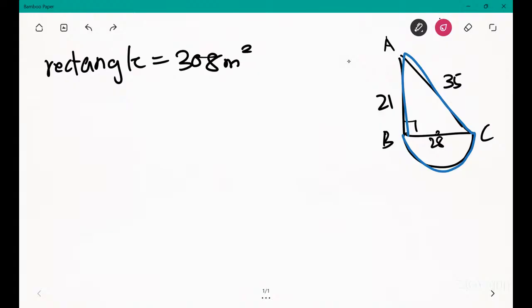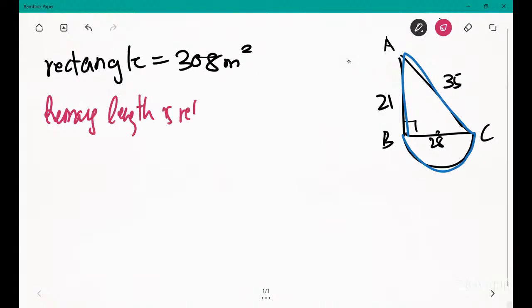So depending on the remaining length or breadth that you get, your figure will change. First we're going to find the remaining side length, either length or breadth. For that, we get area is equal to 308. I'll mark the remaining length as L. So L into 21 is going to give me 308.